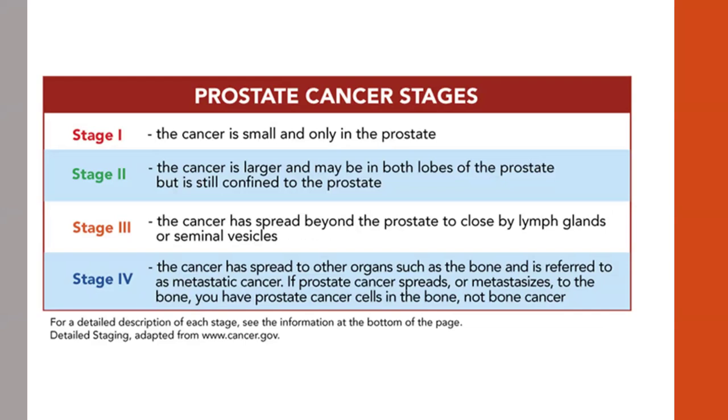And stage 4, you now have prostate cancer that has broken off and metastasized to the bone. So you have prostate cancer cells in the bone, not bone cancer. Now, bone cancer can start within the bone and metastasize out, but it would be bone cancer in the brain, because it originally was bone cancer that has moved to the brain, not brain cancer.